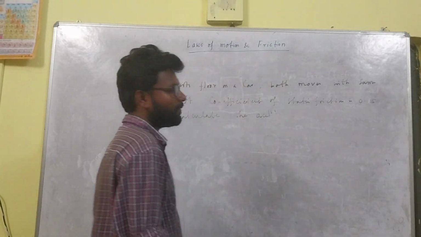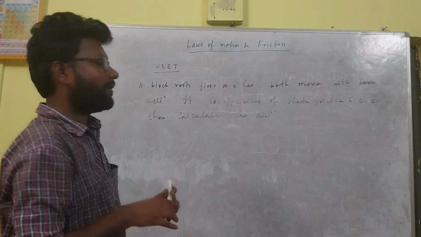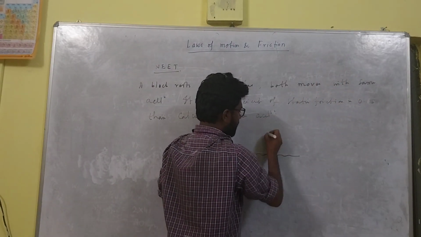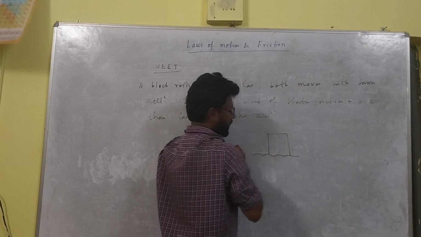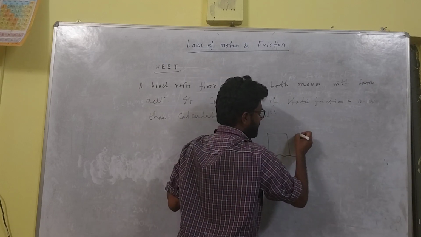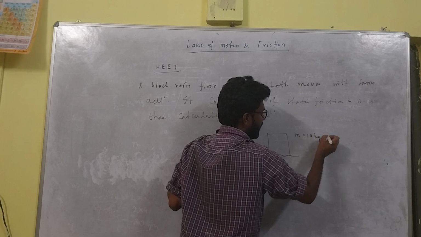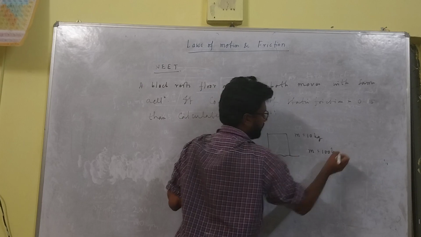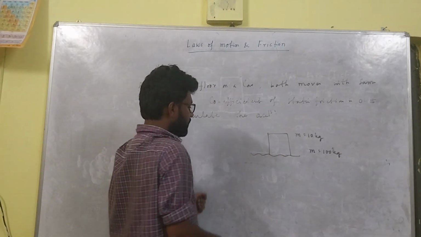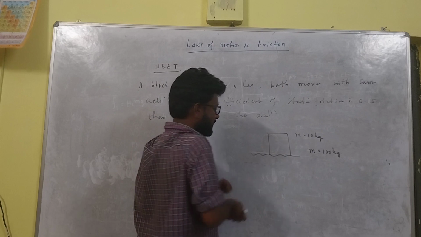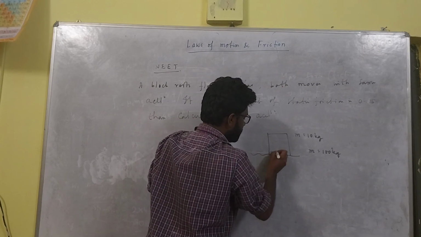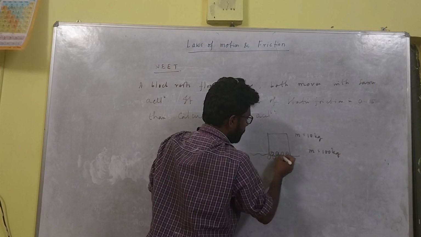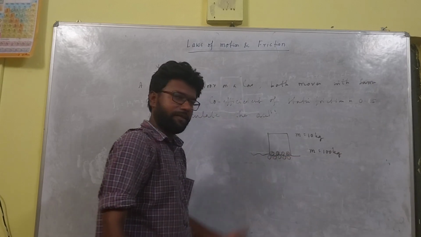So actually, if I want to introduce a formula for friction, just imagine it's a floor and a block. If the block has mass 10 kg, and in another condition the block has mass 100 kg, what will happen? If the block is 10 kg, just imagine these are the atoms of the block and these are the white atoms of the floor, I mean the surface.